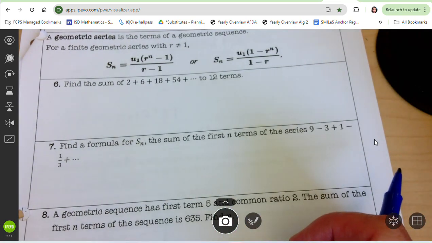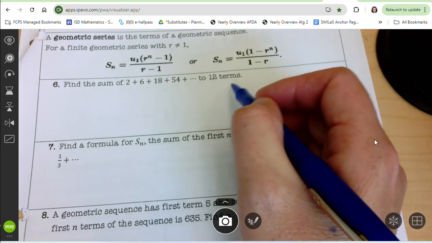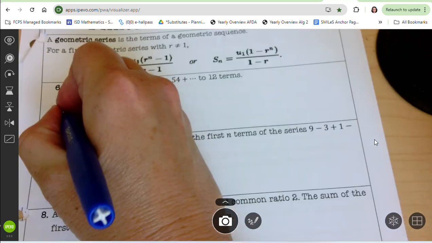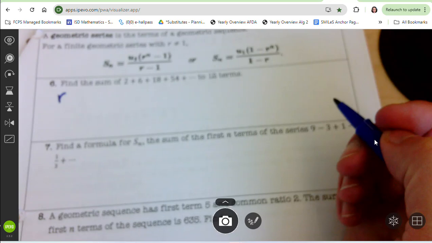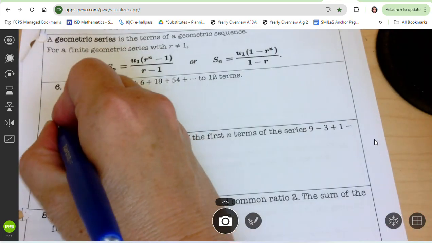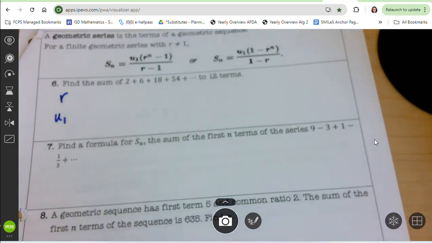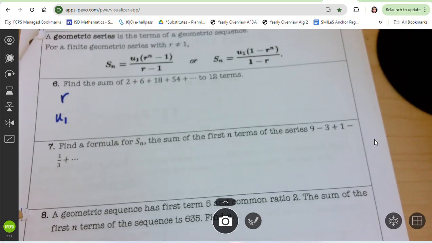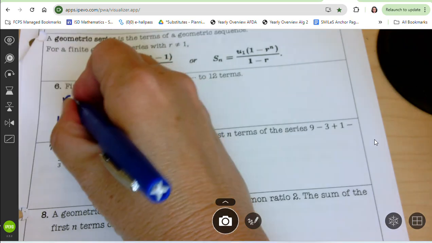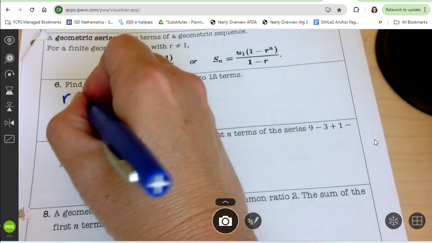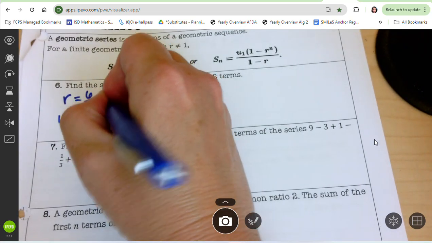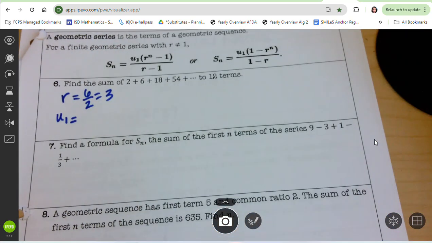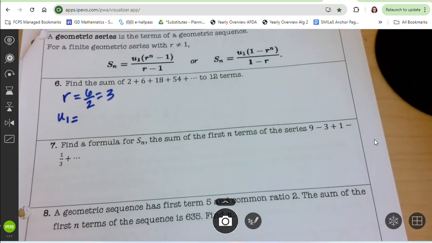All right. Find the sum to 12 terms. So we need to know R, and we need to know U sub 1. I'm going to find R by dividing the second term by the first term, very good. So I'm going to do 6 divided by 2, and my R is 3. My U sub 1 is 2, very good.